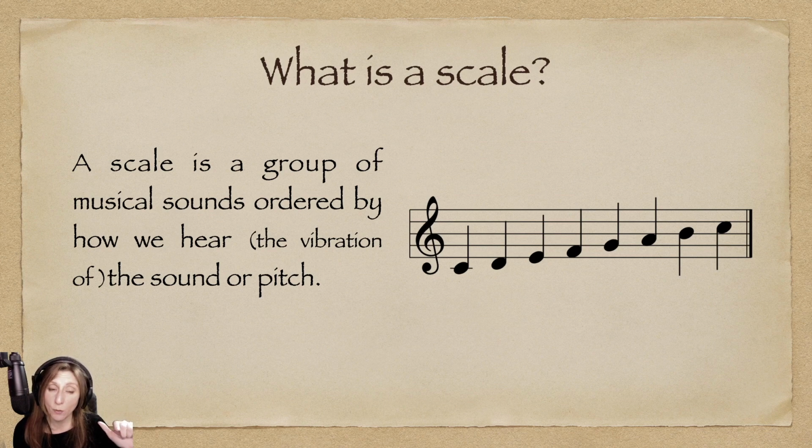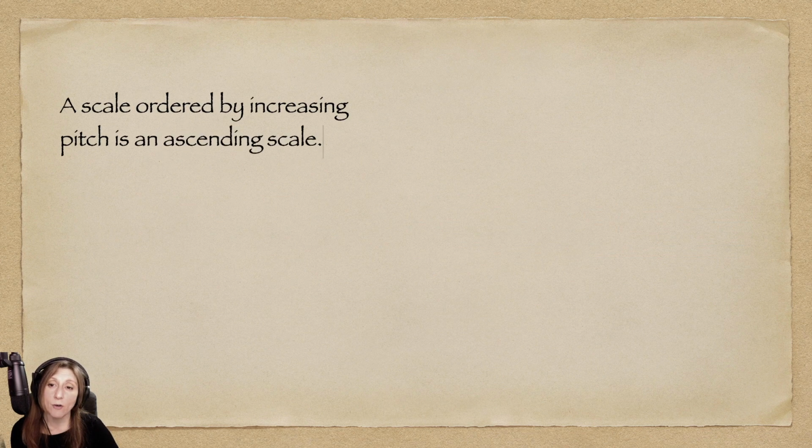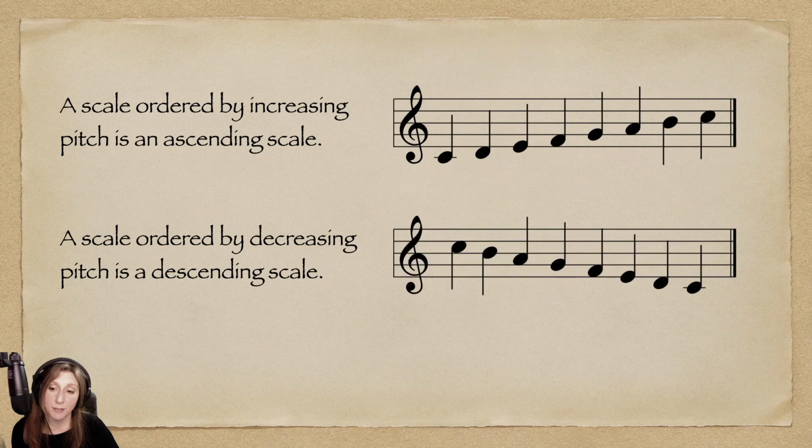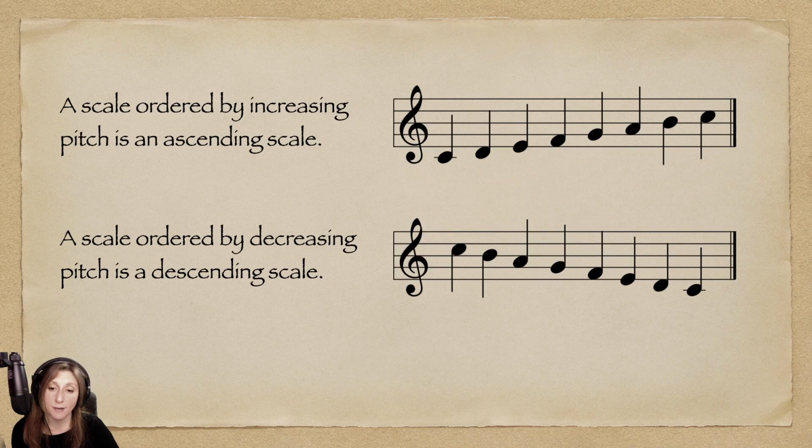In a scale, we usually make reference on how the tones are ordered. The most common form of grouping the sounds is using 7 different tones. So a scale ordered by increasing pitch is an ascending scale, and a scale ordered by decreasing pitch is a descending scale.